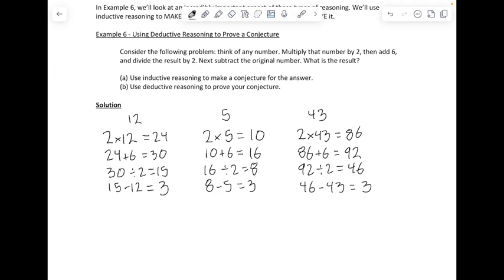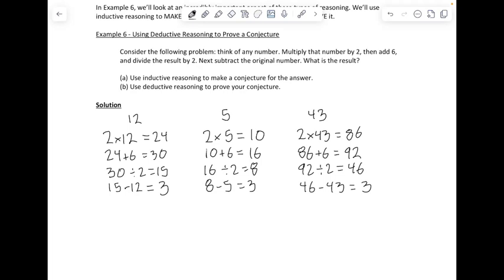At this point, we may be tempted to conclude that the result is always 3. But this is just a conjecture. It's an educated guess. We've only tried 3 of infinitely many possible numbers. Not to mention the fact that we've chosen only whole numbers. What about decimals, fractions, negative numbers?